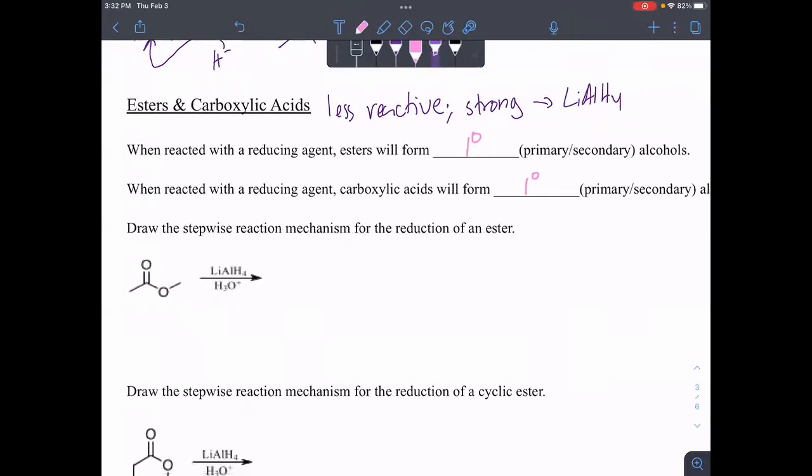So instead of just adding one H minus to the carbonyl, we can add two H minuses, because in one case, it'll just remove one of these bonds with the oxygen, and in the second addition, it'll just remove this entire group.